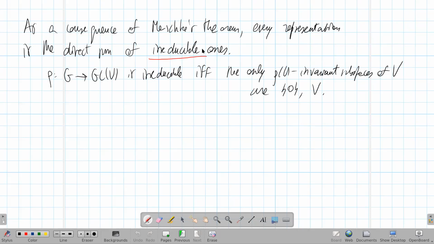Perhaps this is a good place for an aside, something that is not directly relevant to the course, because this course is about representations over the complex numbers. There are important chapters in the representation theory of groups that deal, for instance, with representations over the real numbers, or even over the rational numbers.